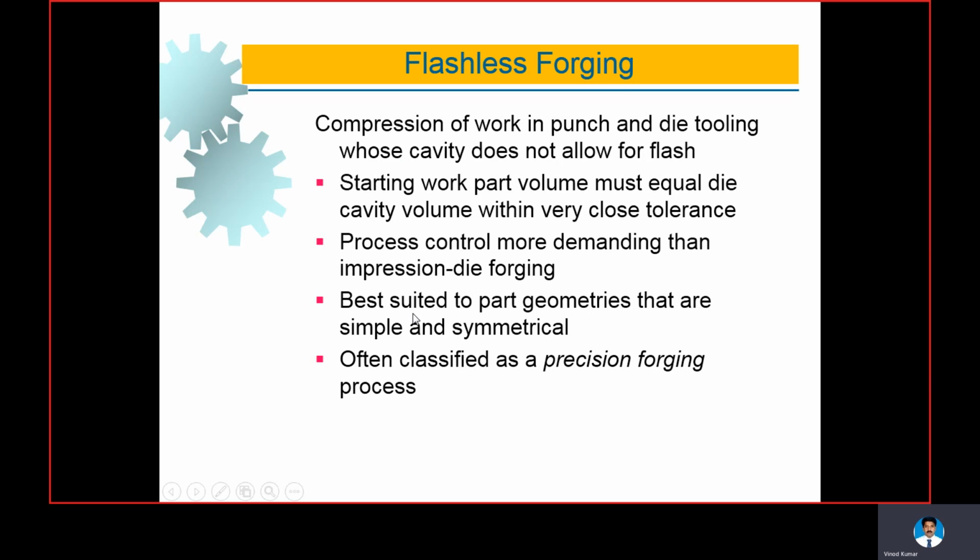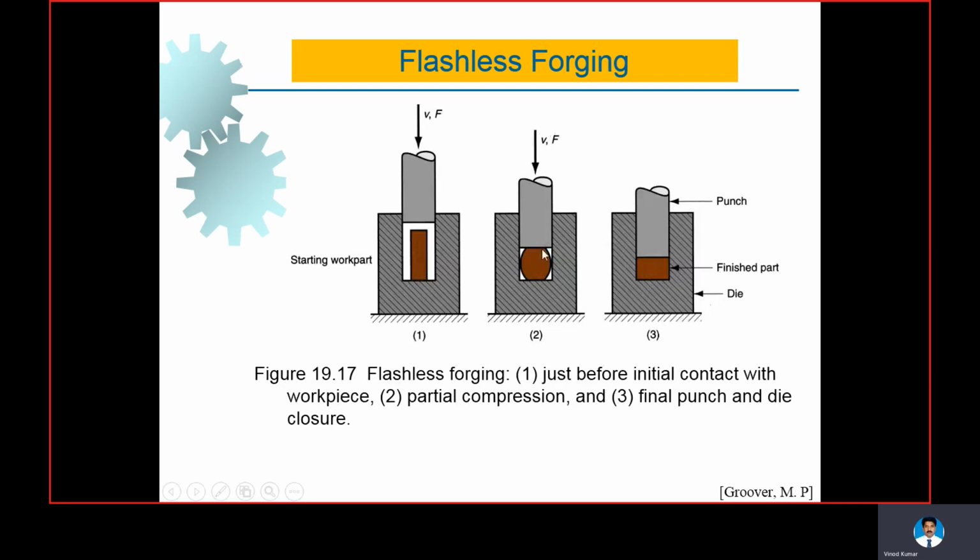Remember, this is a very important point. It is best suited for parts which have a very simple and symmetrical geometry, and it is also called a precision forging process. Accurate control of the stress or the force is required in flashless forging. Here you can see the part before the forging operation, after the forging operation, and this is the intermediate or partial compression.